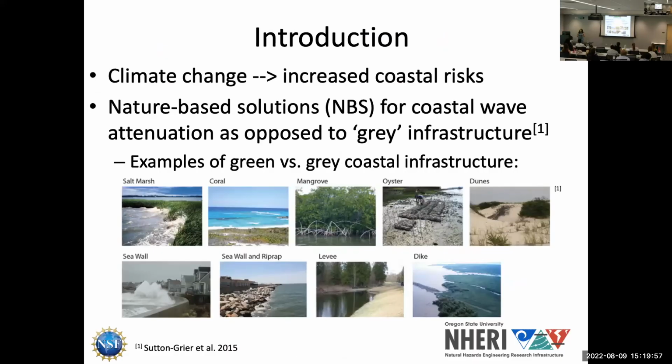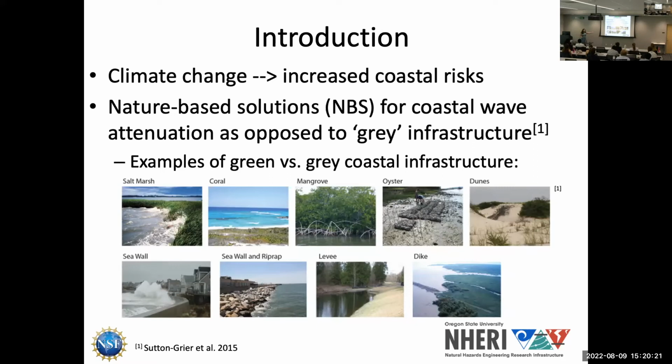So just as some background, as climate change progresses, there's increased coastal risks that communities across the country and world are facing, such as rising sea levels and worsening storm surge. There's two general approaches that coastal engineers take to these problems. The traditional approach is called gray infrastructure because it tends to be concrete based and gray in color.